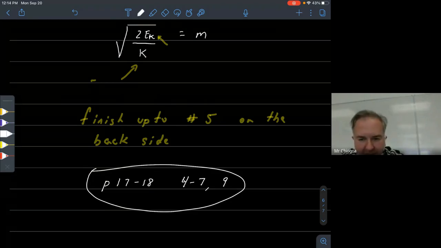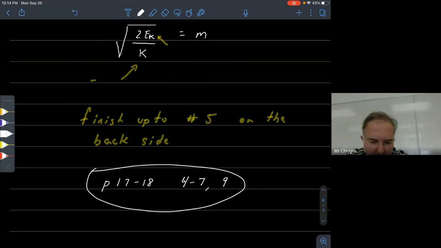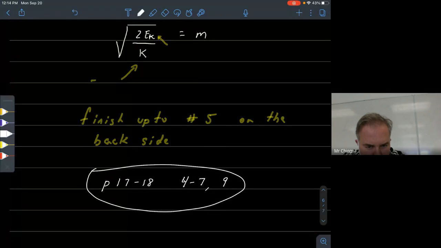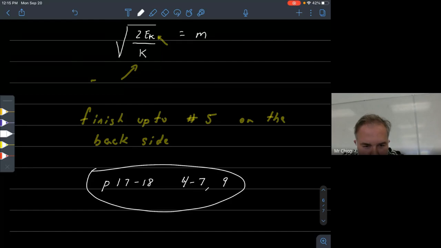Add that on Google Classroom too. Do option number 5 on the back side.